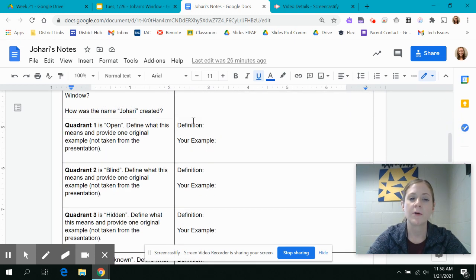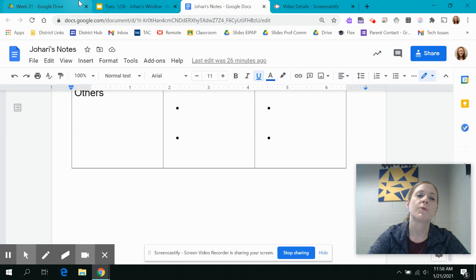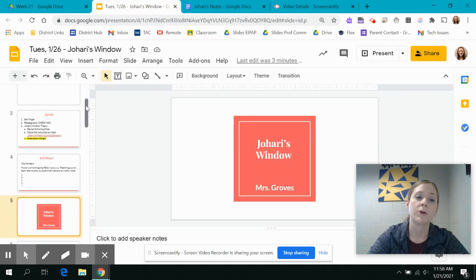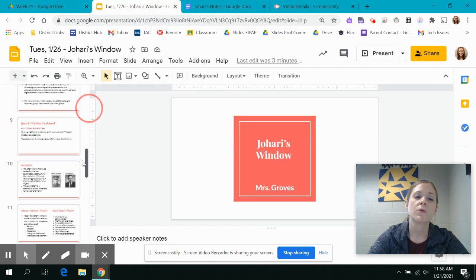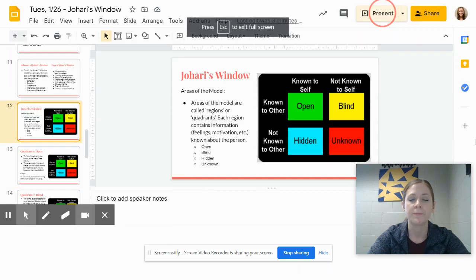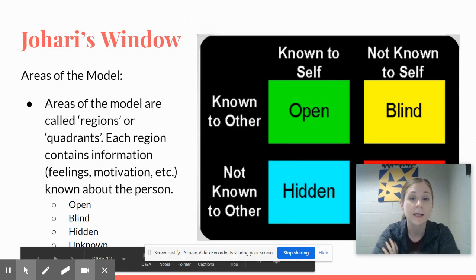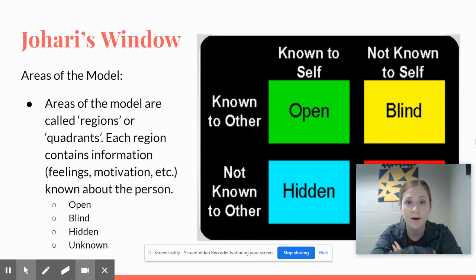So Johari's window has these 4 big quadrants, and I do want to talk to you about that really quickly before I let you go and work on your own. So I'm going to scroll down through some of our lesson that you're going to need to look at. Here's what Johari's window is. It is a visible tool. Like you can write and you can see it on this grid right here that helps you know what you're willing to share with others and what you're not.